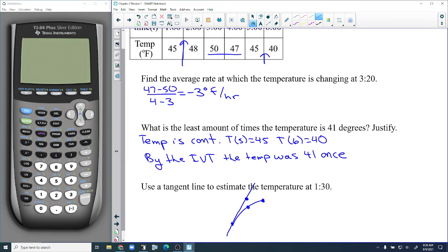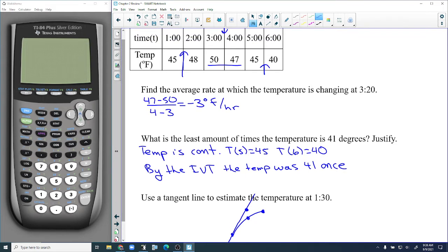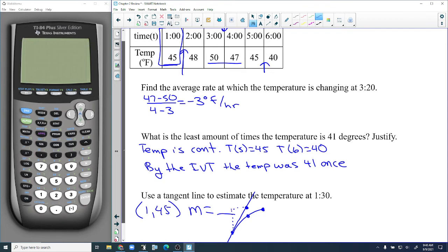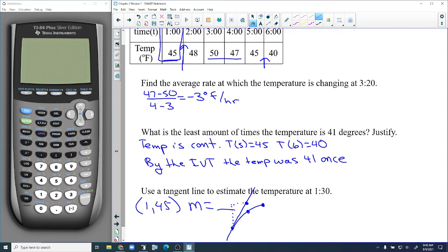All right, so we need a point of tangency. Let's pick 1 o'clock as the point of tangency. So 1 o'clock gave us 45 degrees. So there's the point of tangency. And now how much did it change? What was the slope we're trying to find now? So from 1 to 2 is 48 minus 45 over 2 minus 1.